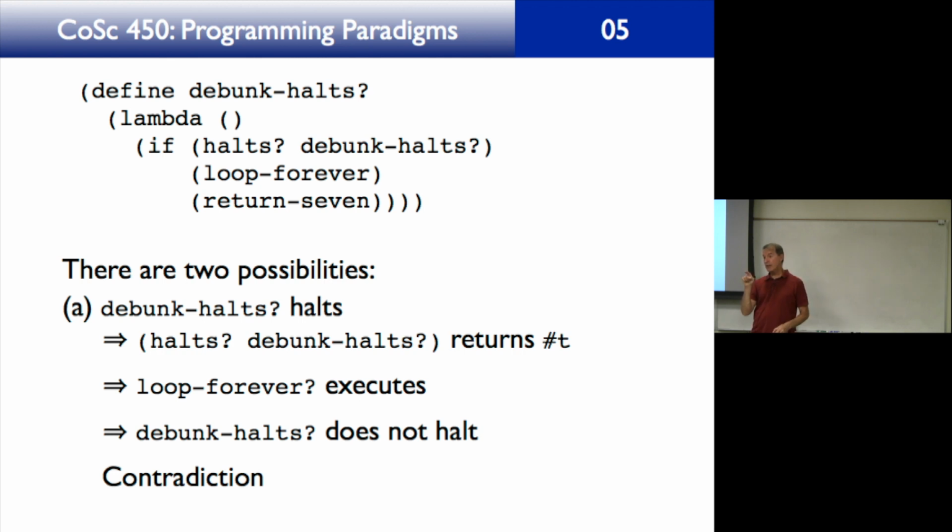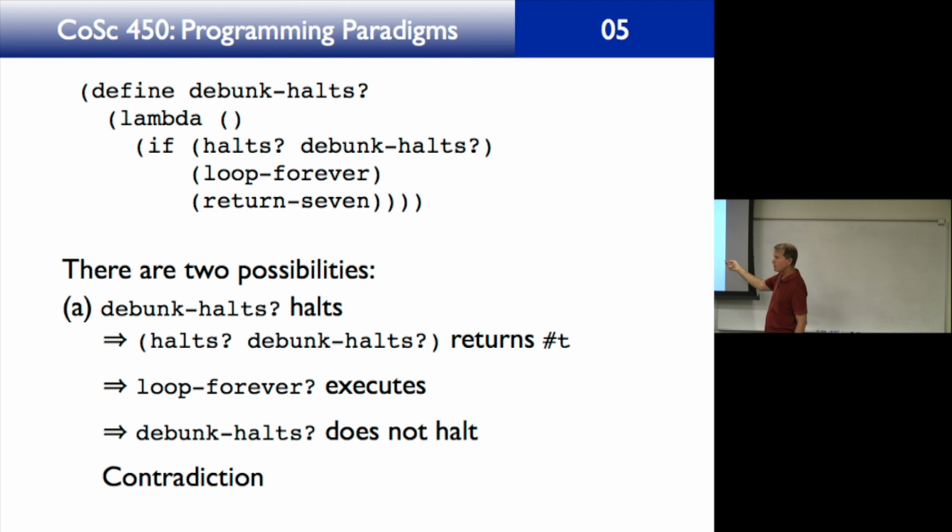If you claim to have written halts, this construction shows that that's impossible. Because if you were to write halts, I will give you this specific debunk halts that shows that that's mathematically impossible. What do you want it to say? Well, all I'm saying is this is a contradiction.